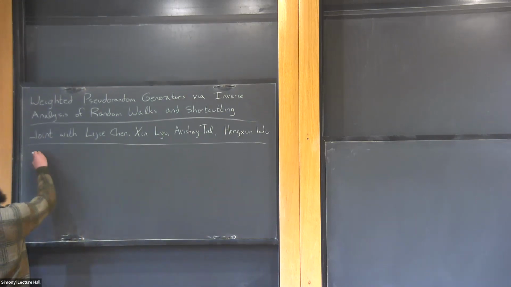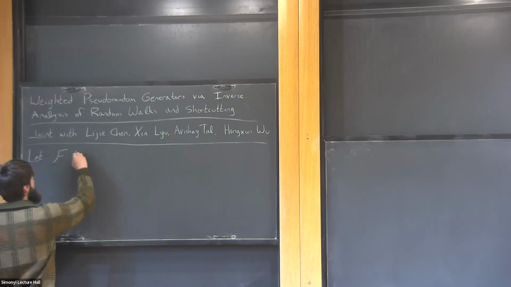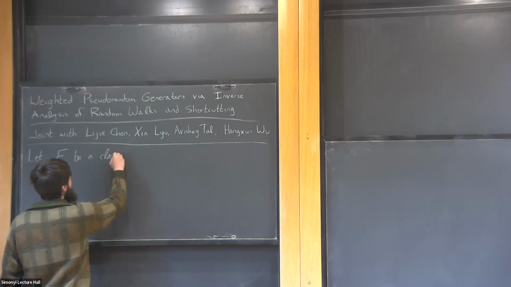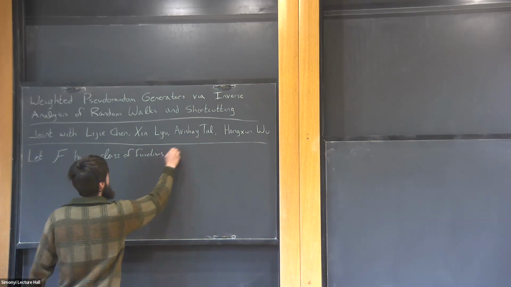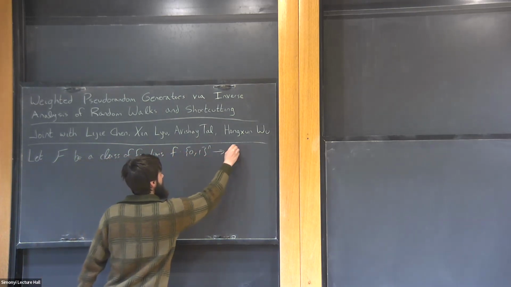Let F be a class of functions that we're interested in fooling, mapping n bits to 1 bit.